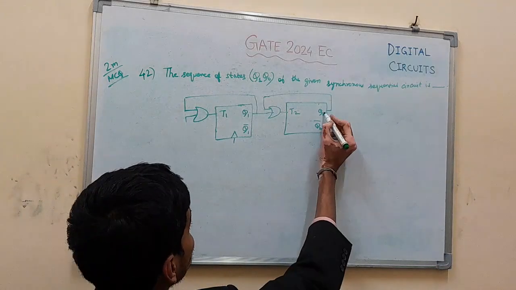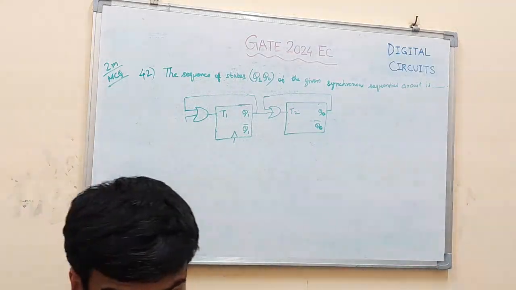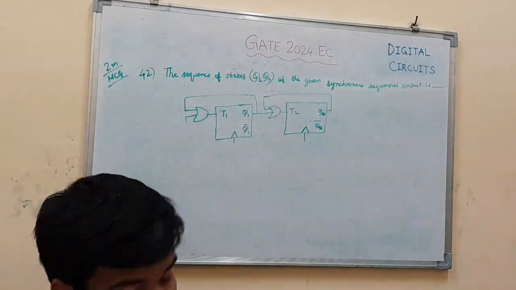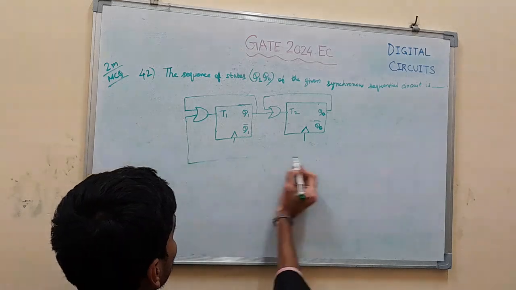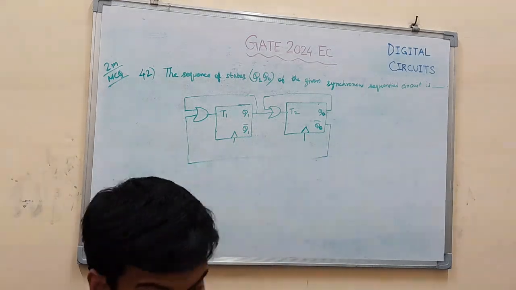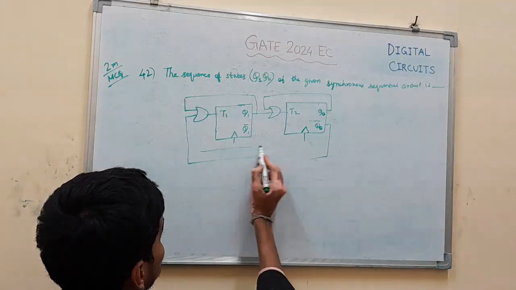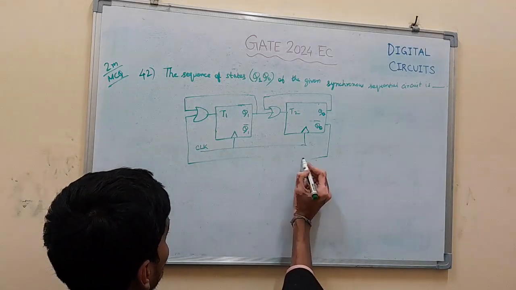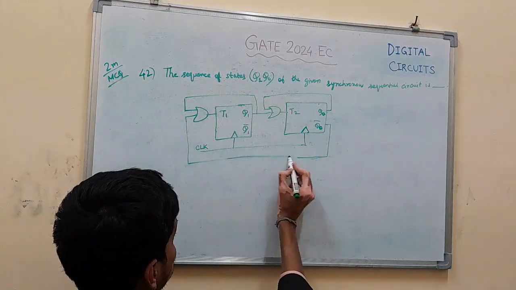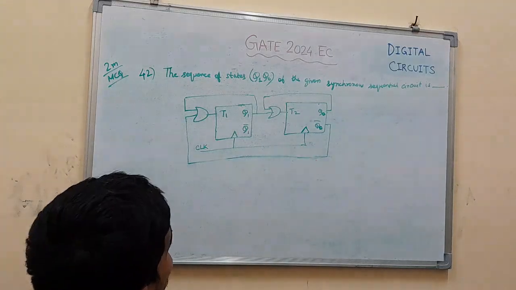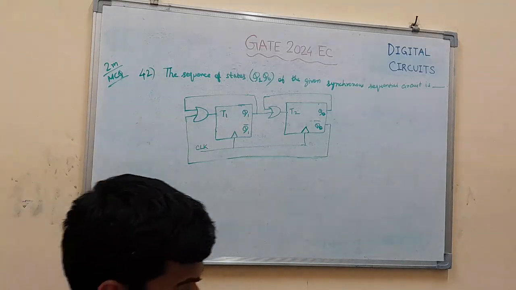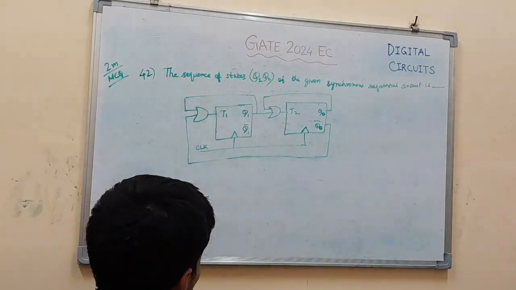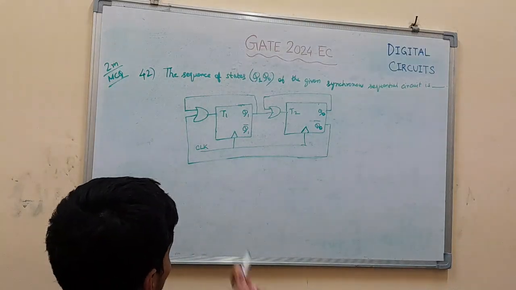Q1 and Q0 are fed back like this, and the clock input is common to the synchronous circuit. It is positive edge triggered, so it will change the states at every clock pulse, on the rising edge.